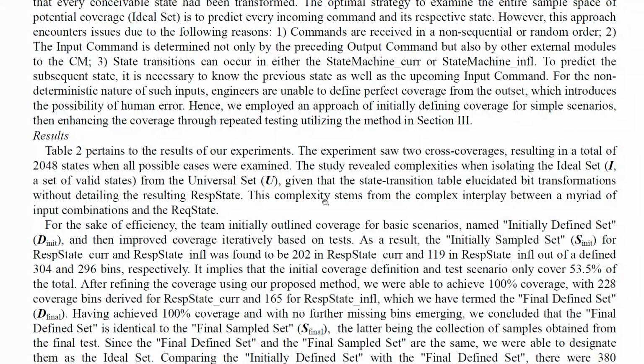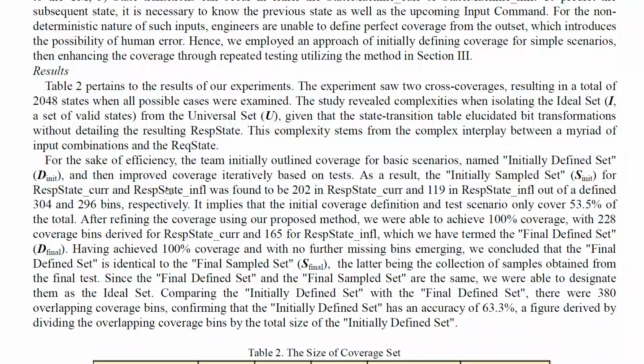This complexity stems from the complex interplay between a myriad of input combinations of REQ state. For the sake of efficiency, the team initially outlined the coverage for basic scenarios, namely the initially defined set D_init, and then improved the coverage iteratively based on tests.